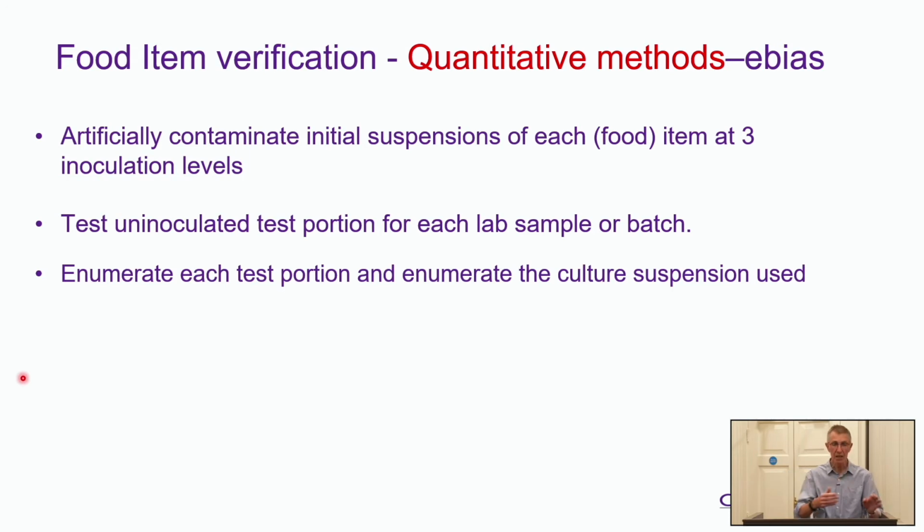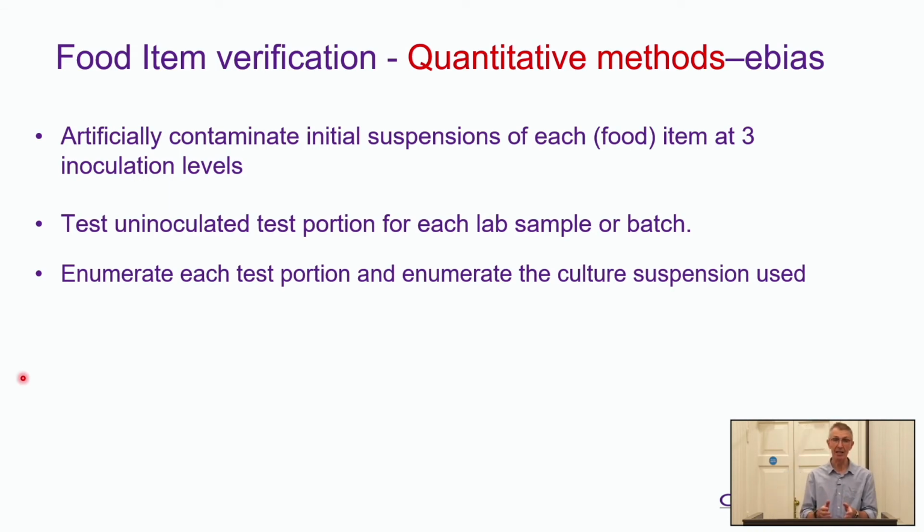You take the food samples that you use in your laboratory, and you artificially contaminate them at 3 different inoculation levels. And then you test an uninoculated portion to make sure it's not naturally contaminated. And then you enumerate each of those inoculated test portions that you've produced.